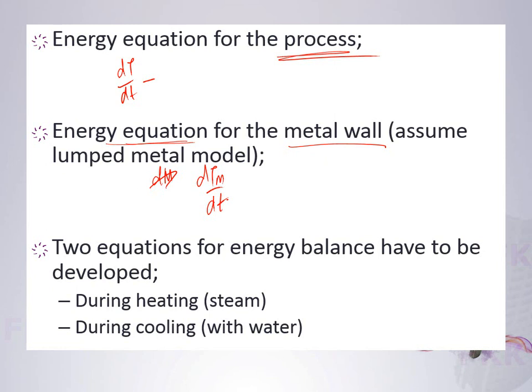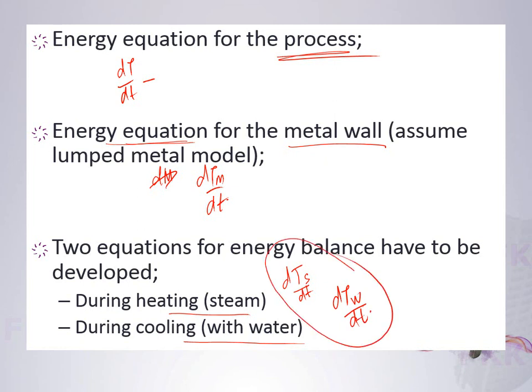Now you need to have two equations. Remember, you have the heating system and the cooling system. Now you have to do dT_steam/dt and dT_water/dt. Now you join these two.